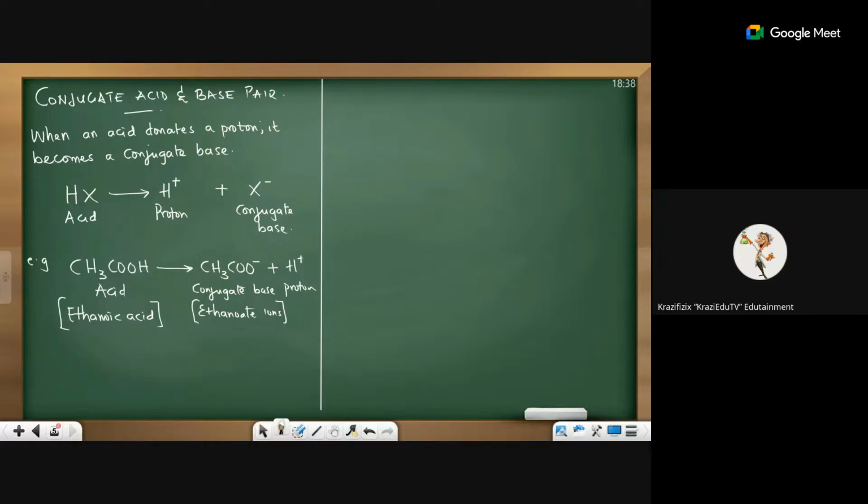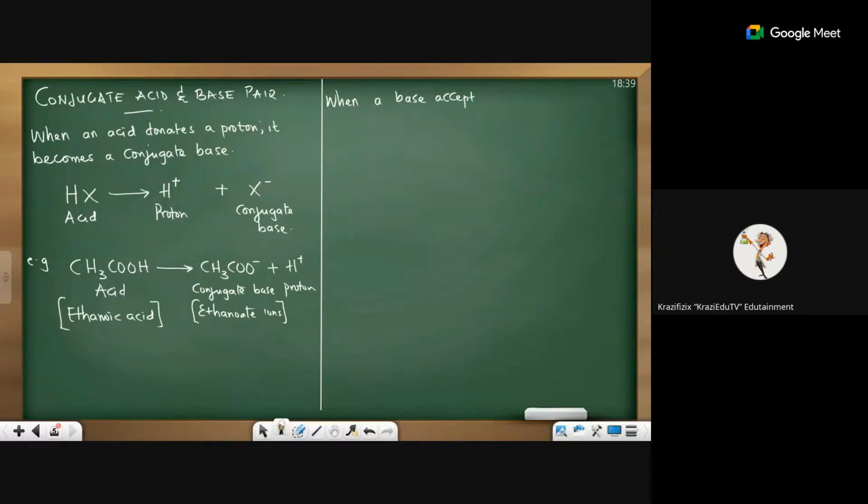So I have an acid. If I remove the proton, I'm left with a conjugate base. When a base, what will a base do?